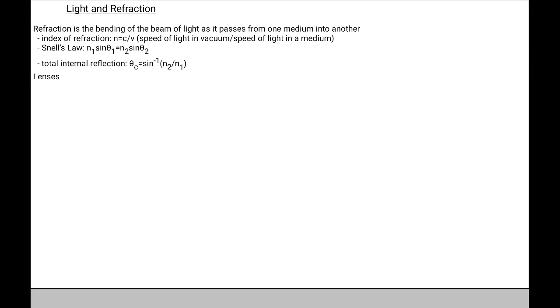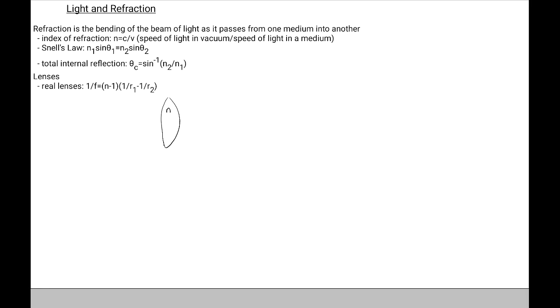Then one very important application of refraction is lenses. So there are different types. The real lenses look like maybe this. So here is a lens, and they are made out of some clear material, or plastic or glass or something, and it has some index of refraction n.